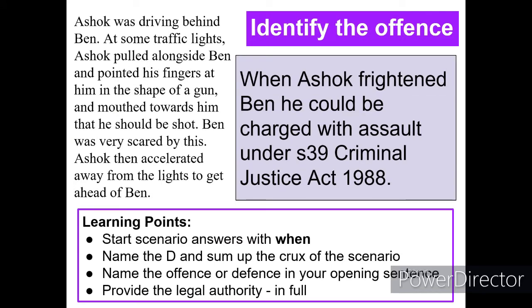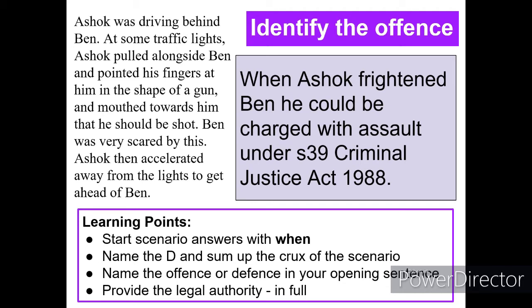So the first thing is the I: identify the offence. Your first sentence must name the offence, and in this case it's assault. My advice is to start all your scenario answers with the word 'when'. So: when Ashok frightened Ben, he could be charged with assault under section 39 of the Criminal Justice Act 1988.